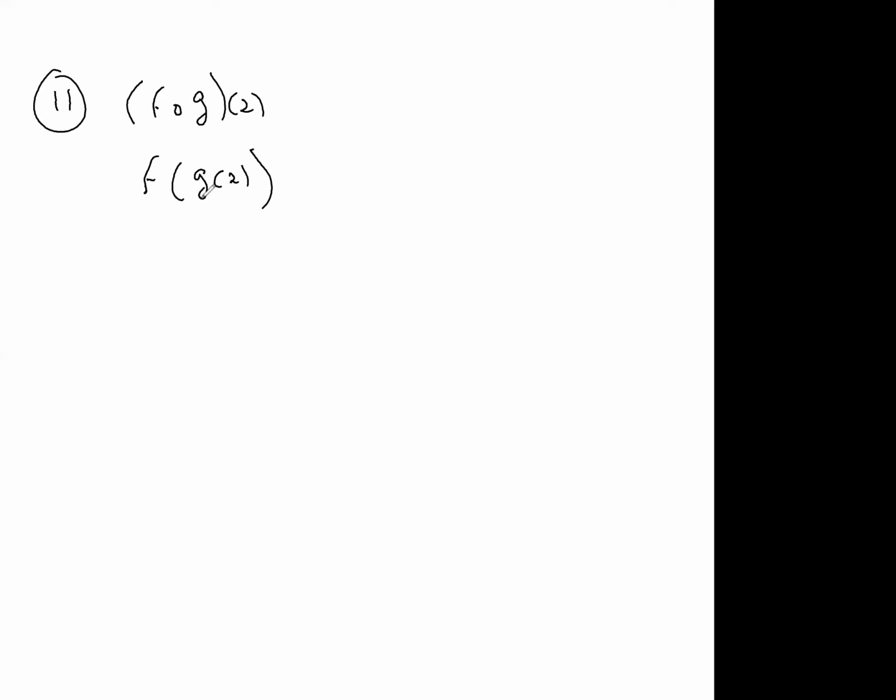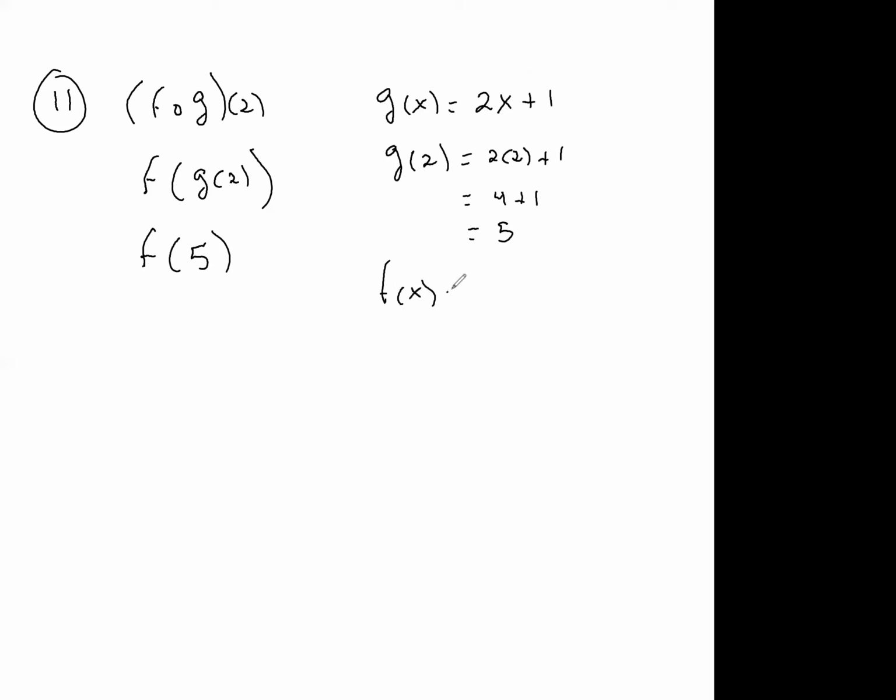I look for the function g. G is equal to 2x plus 1. Okay. If I substitute 2 in the function, you have 2 times 2 plus 1 is equal to 4 plus 1 equal to 5. I mean, f of 5. Now I look for the function f.